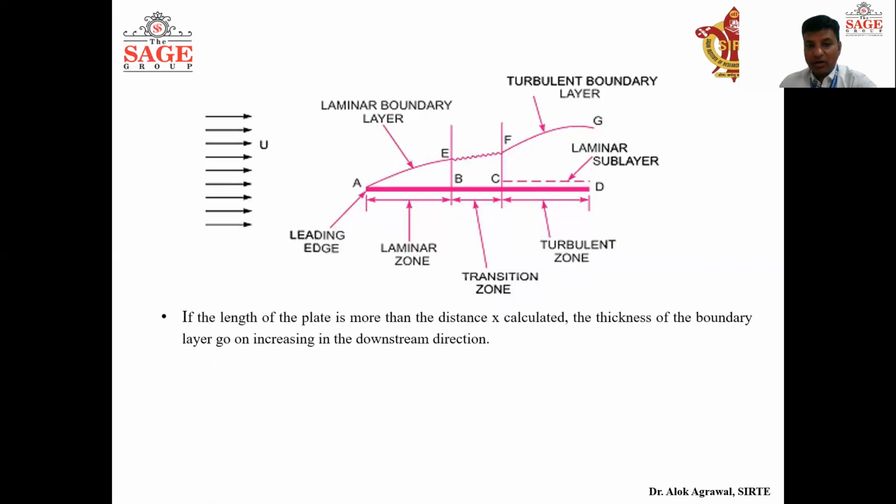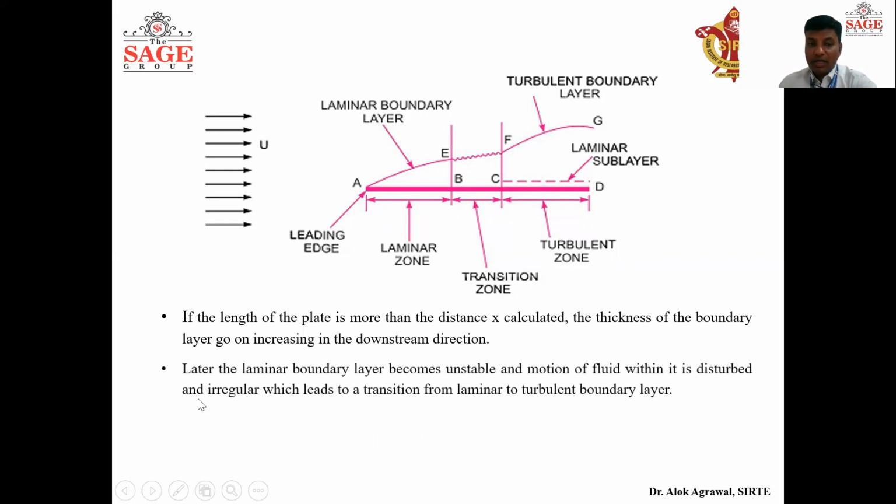Again, if the length of the plate is more than this value of x, then the thickness of the boundary layer will go on increasing on the downstream side. Later, the laminar boundary layer becomes unstable. After this point, the laminar boundary layer becomes unstable, and the motion of fluid within this boundary layer becomes irregular, and the flow changes its behavior from laminar to turbulent.